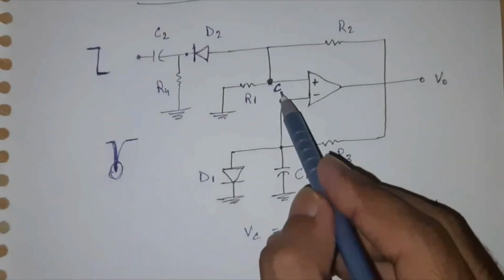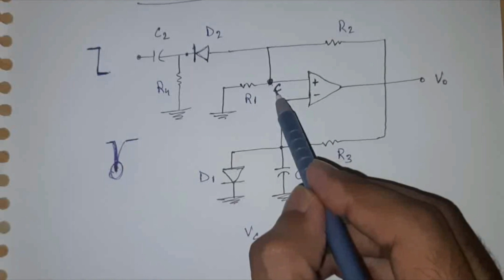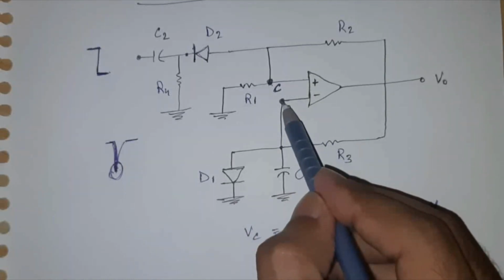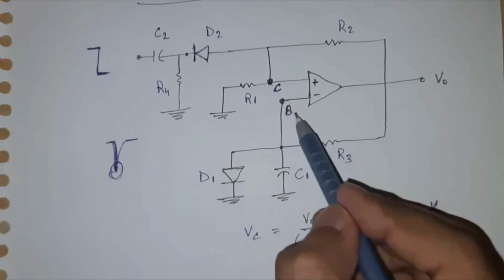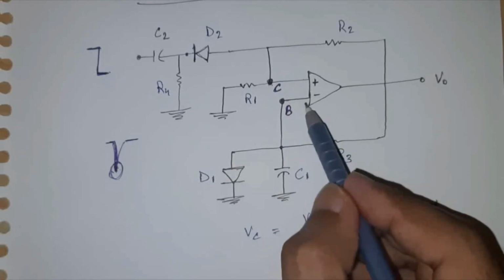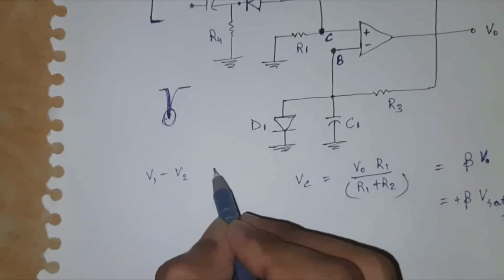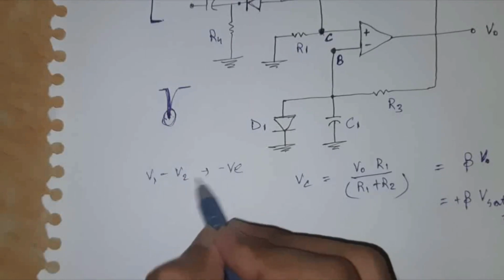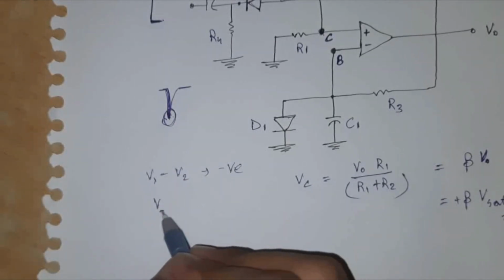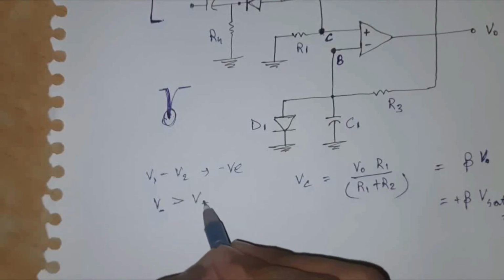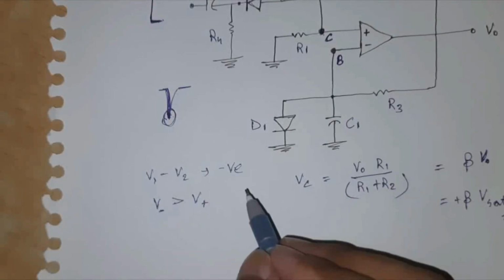Now when the negative spike appears here at point C, this terminal, just for the moment, is at a lower potential than point B, the inverting terminal. So we can say that V1 minus V2 is negative, or the inverting terminal is at a higher potential than the non-inverting terminal just for a very short moment.